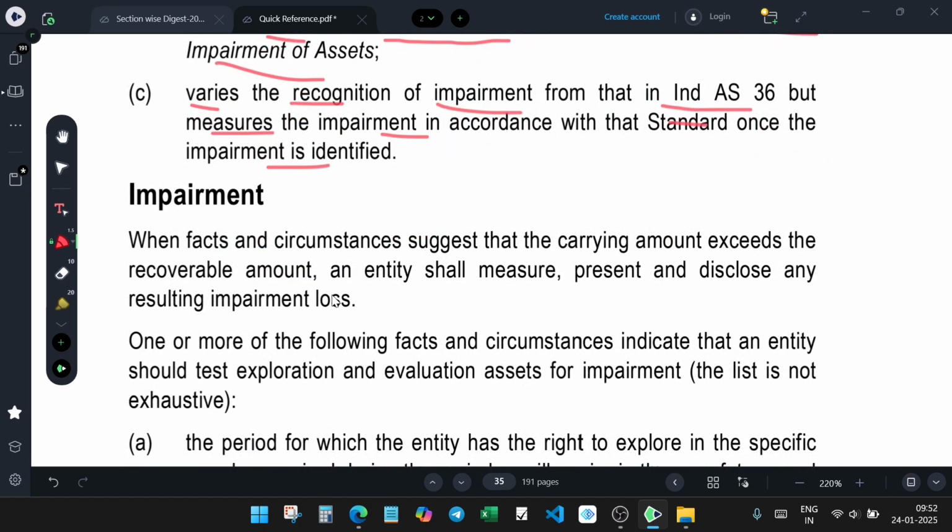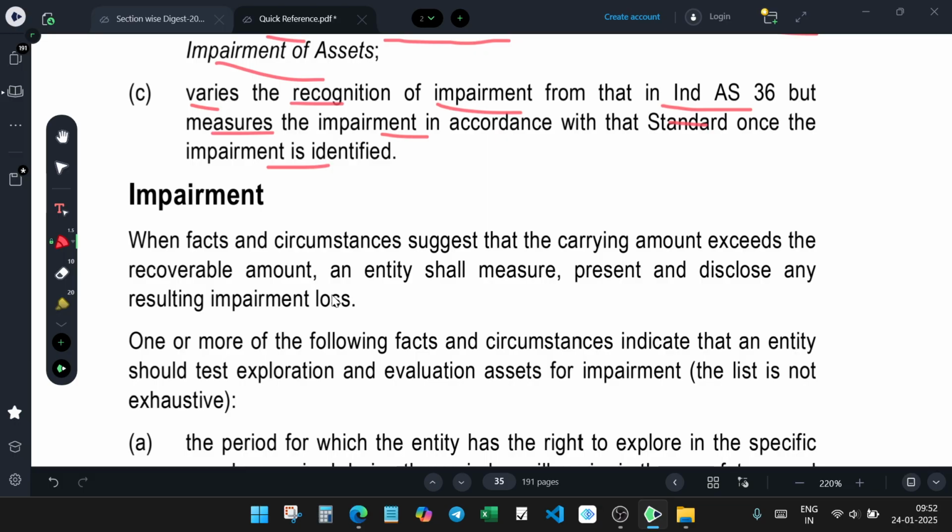Once you find that you are not going to recover the actual cost you put into the mining operation, and you are going to recover very little, the impairment loss should be considered. You have a mining license only for 5 years.